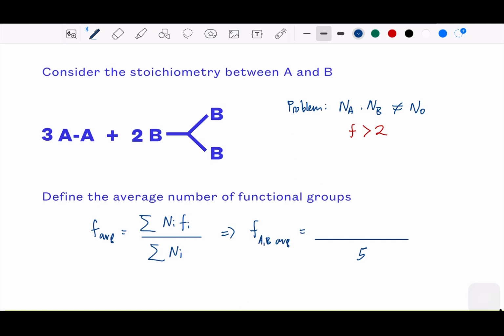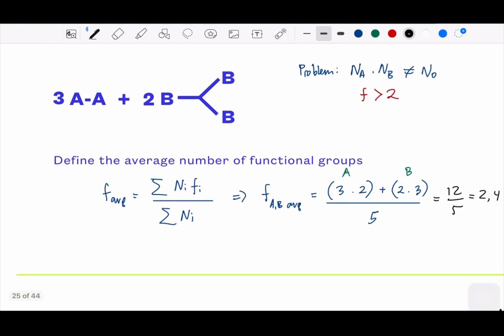Molecules A is 3, functional groups is 2, so 3 multiplied by 2. Functional groups B is 3, molecules is 2, so 2 molecules multiplied by 3 functional groups. So this is for A, this is for B, right? For the average, 3 by 2 is 6, so 6 plus 6 is 12, so 12 divided by 5, which is equal to 2.4. So this f average is 2.4.